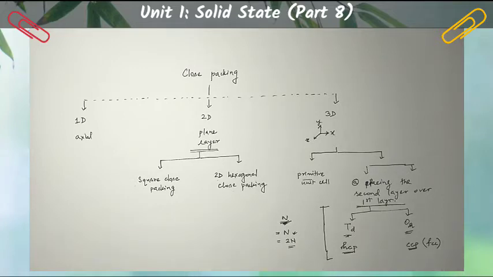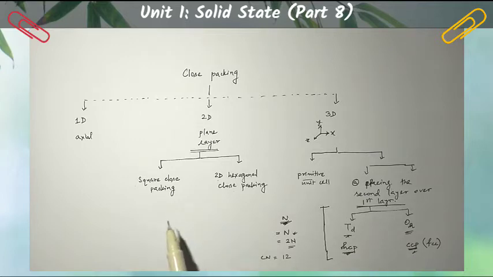And we have another piece of information: the coordination number for any of these, whether SCP or CCP, is always 12. That means the coordination number for SCP is 12, and for CCP is also 12. Why?